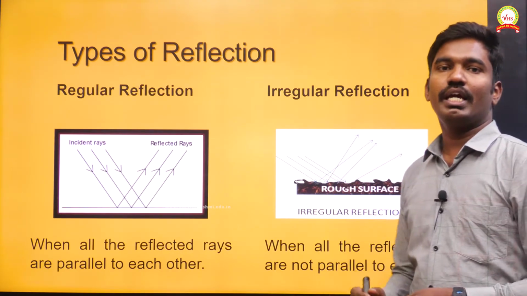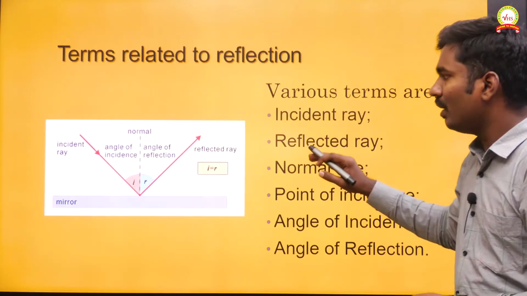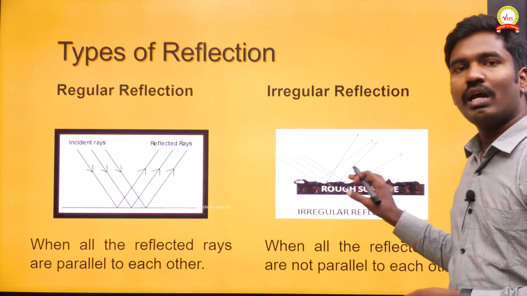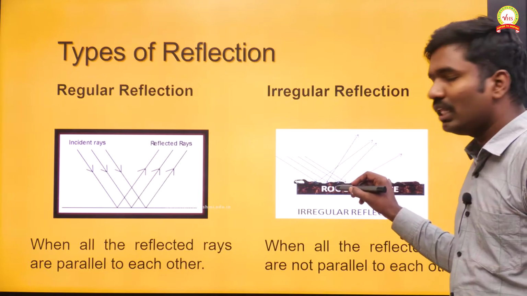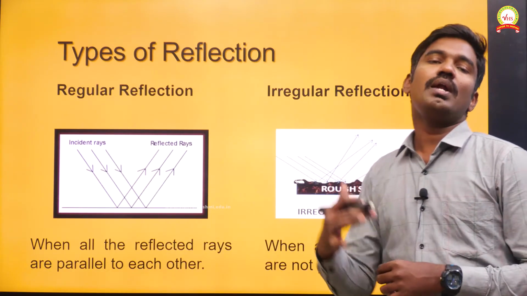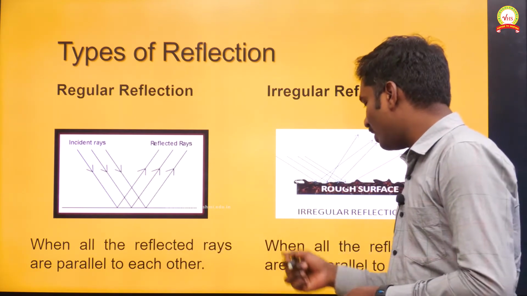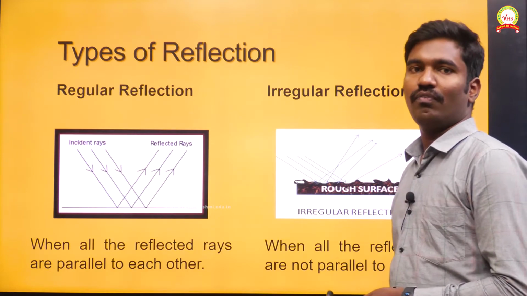And another one is irregular. Here also we send n number of rays towards a rough surface. After hitting the rough surface, all the reflected rays are not parallel to each other. That kind of reflection we call irregular reflection.